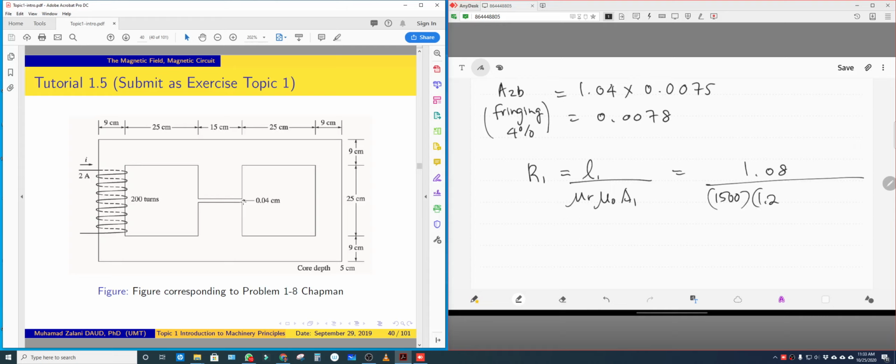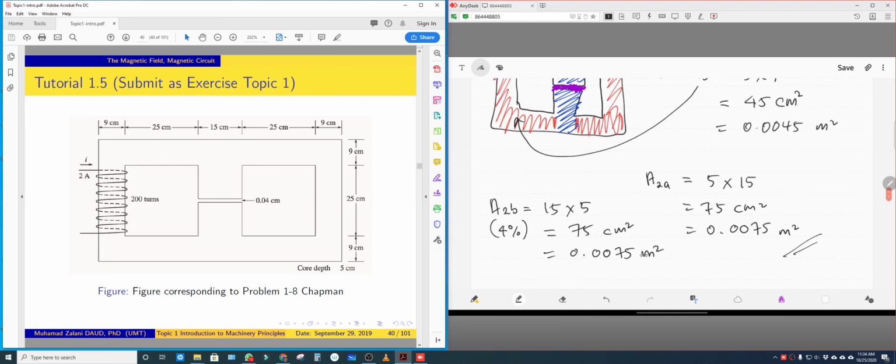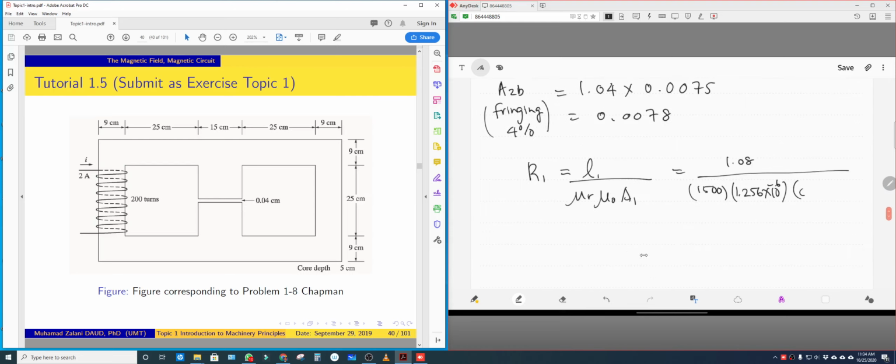Mu naught 4 pi times 10 to the minus 7, 1.256 darab pula dengan A1 ni 0.0075.